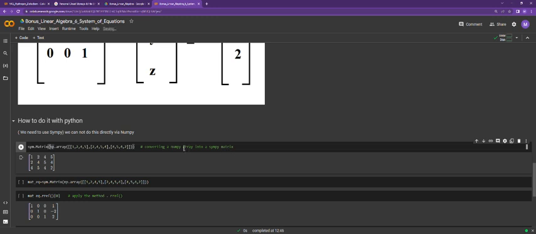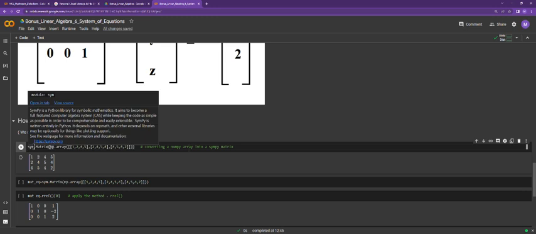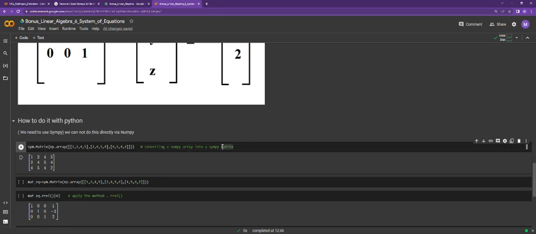A NumPy array is basically a NumPy matrix, and we use the sympy.Matrix function. This function takes in a NumPy array and converts it into the associated matrix.